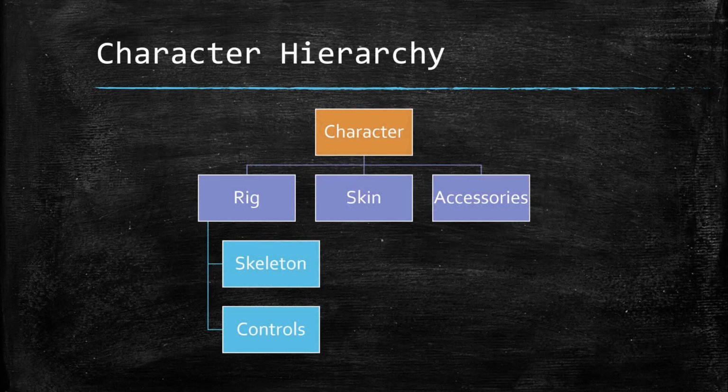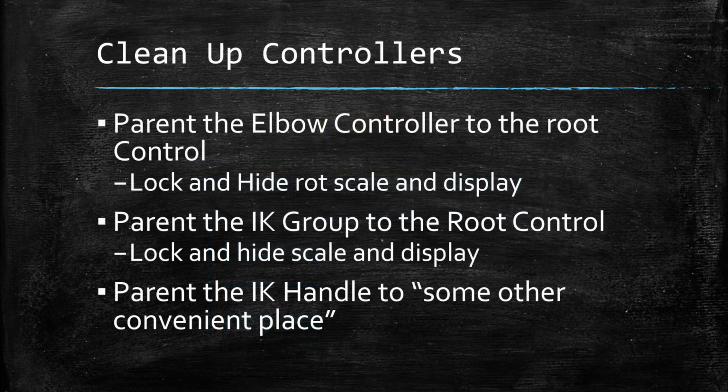Now, the way I organize my thing is that we have our character, and the character is broken up into three objects. We've got the rig, the skin, and the accessories. Inside of the rig, we have the skeleton and the controls. So really, that's not too remarkable, but we do have the skin component and the accessories component built on the insides of that.